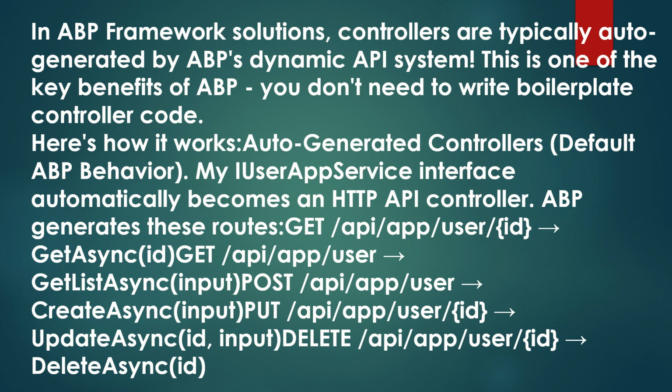ABP generates these routes: get user by ID, get list of all users, create a new user, update user, and delete user. So the ABP Framework generates all these controller endpoints by default.